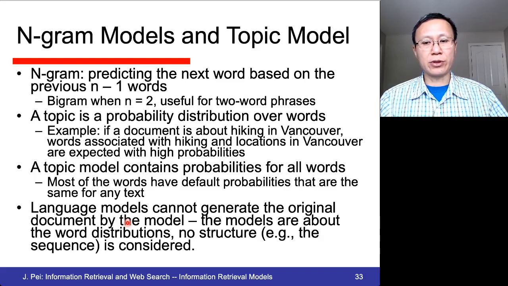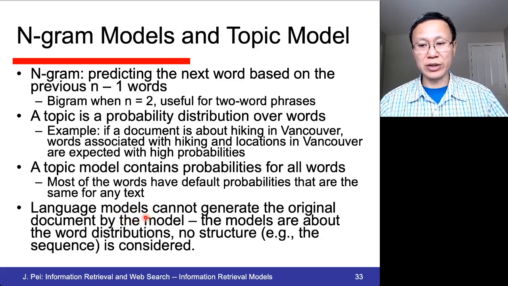The language models cannot generate the original document. Please pay good attention to this, because the models are about the word distributions, there's no structure considered in the language model.